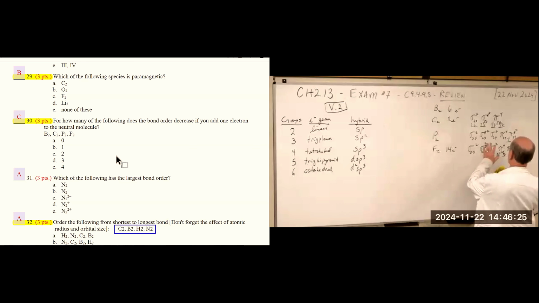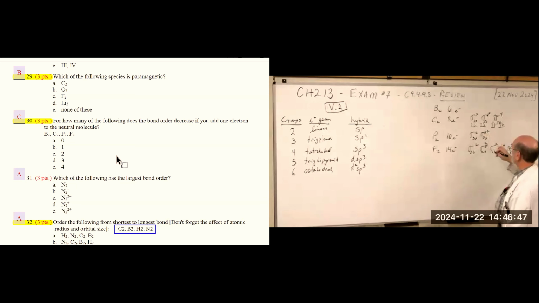So this needs to be reversed. And the subscripts also. This should be 3s, 3s. Let's see, P2 is 10 electrons.